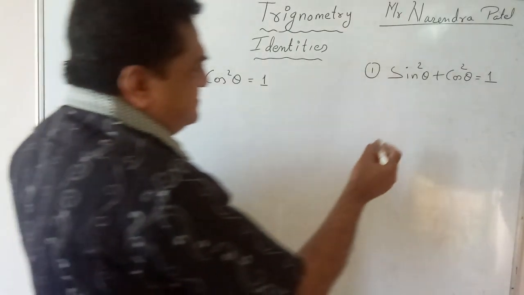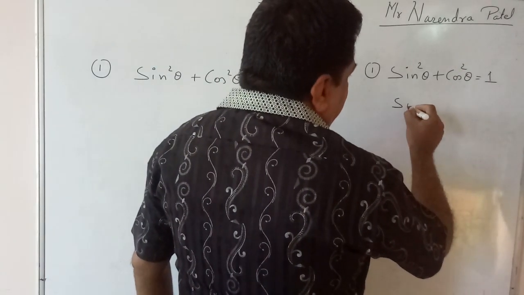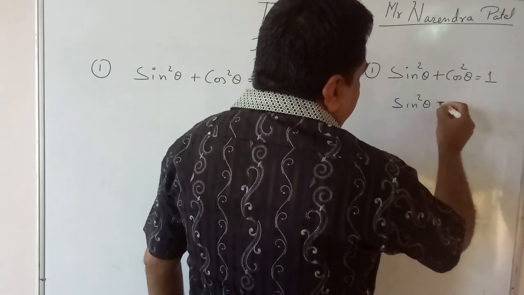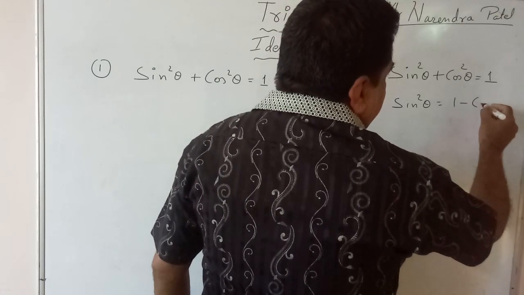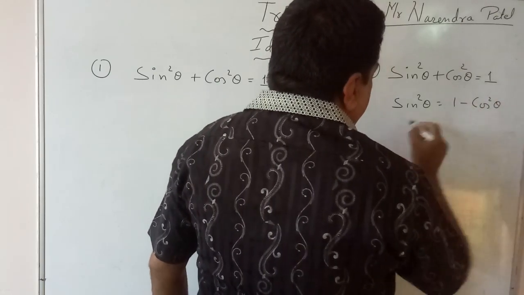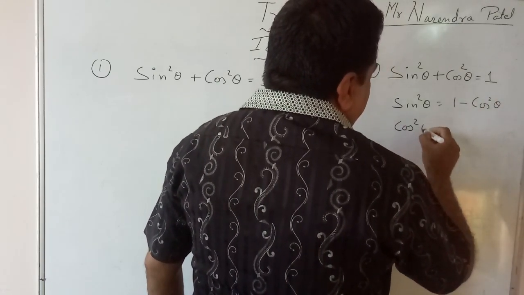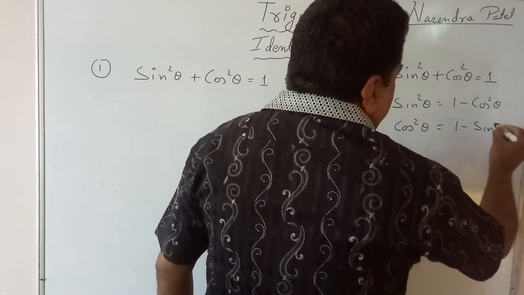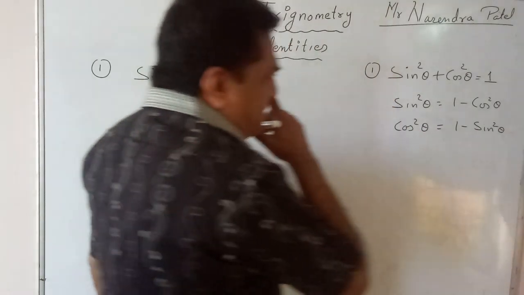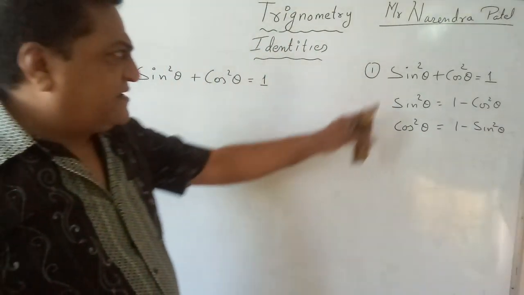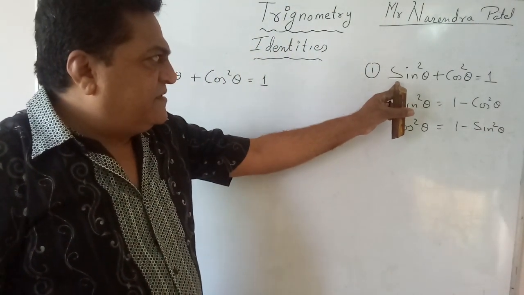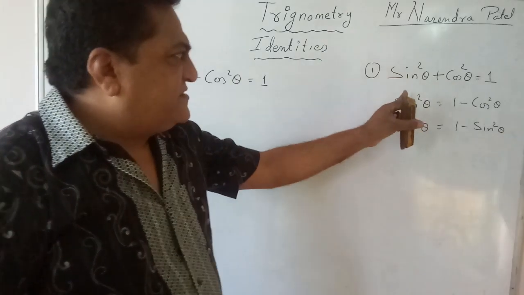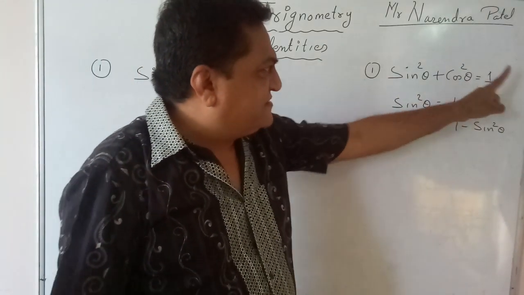That is, sin square theta is equal to 1 minus cos square theta. Cos square theta is equal to 1 minus sin square theta. These are two more identities which we can prove from this. See, I have taken cos square to this side.